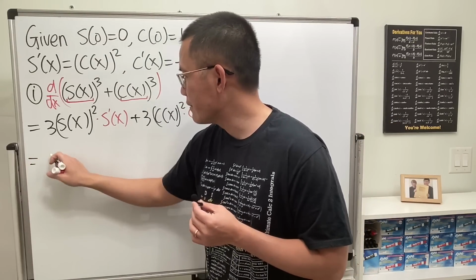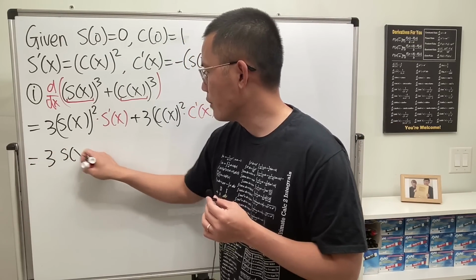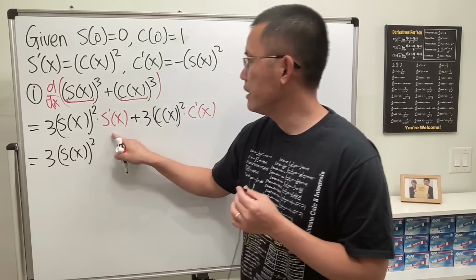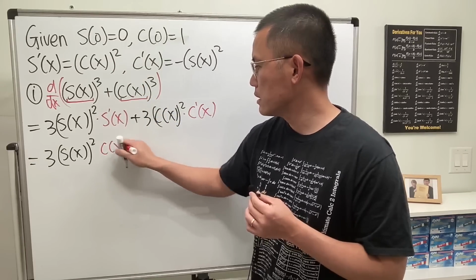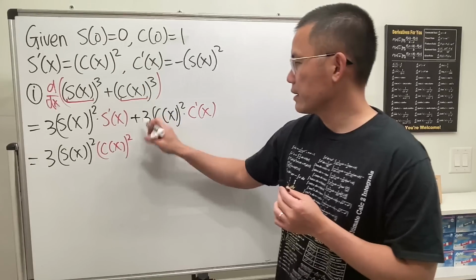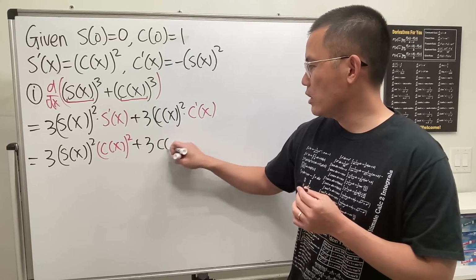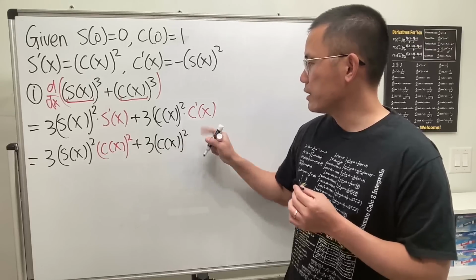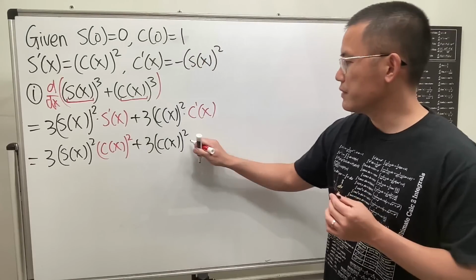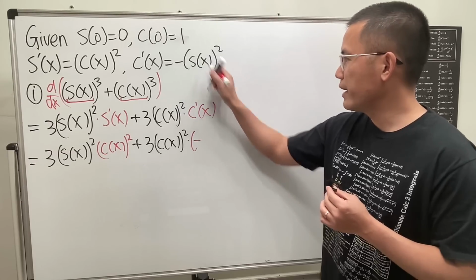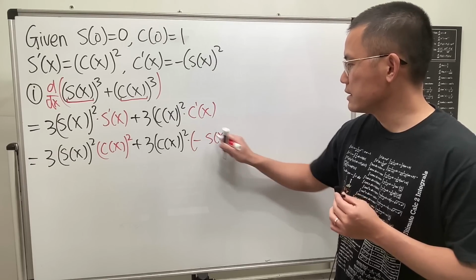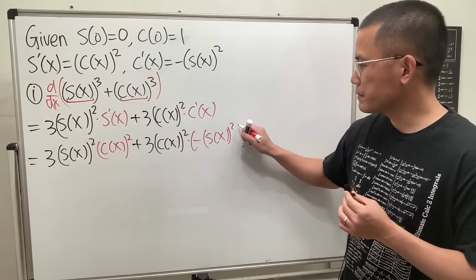So here we have 3 times s of x squared, and this is just c of x squared. Continue, plus 3 c of x squared, and this is negative, so multiply by negative s of x squared, like so.